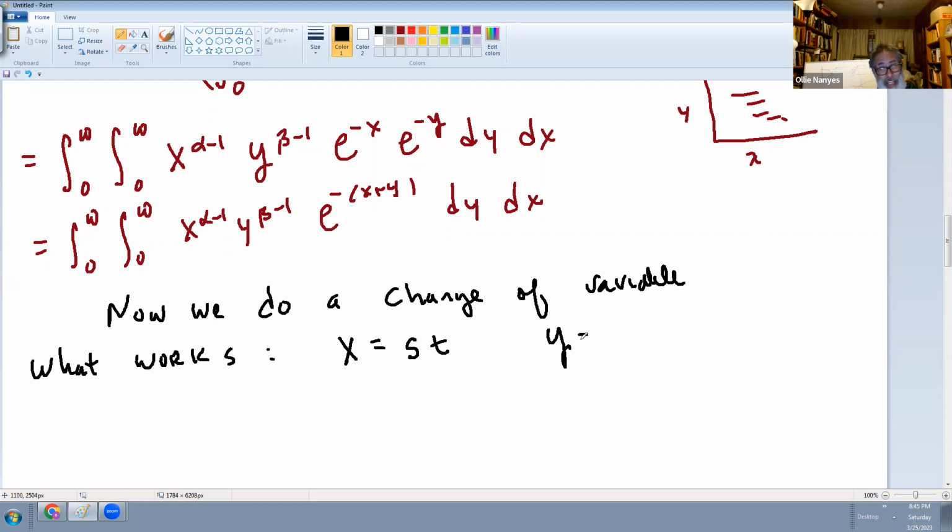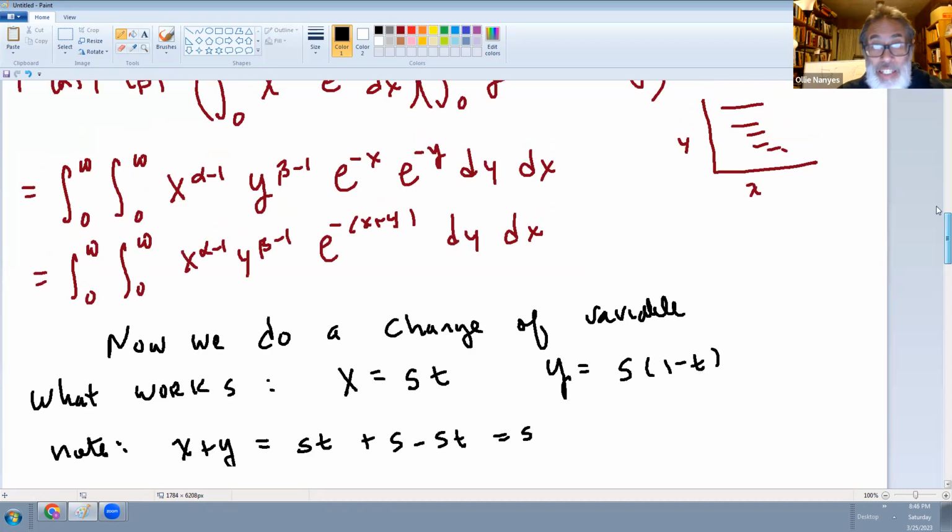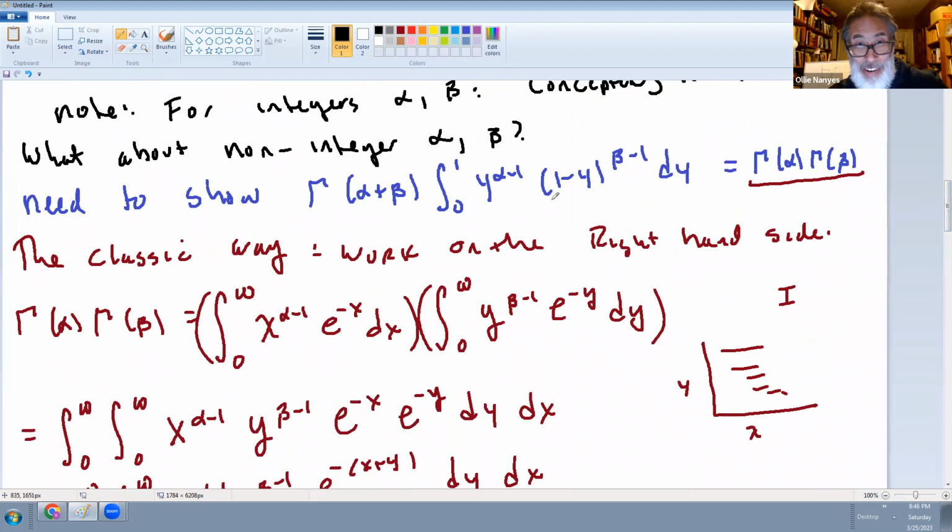Let y equal s times (1 minus t). And note, this is an important aspect: x plus y is st plus s minus st, so x plus y is set up to be s, which sets up the single gamma function that we have right here.